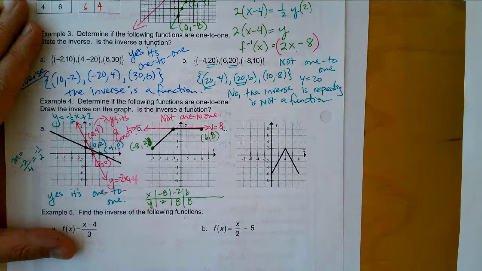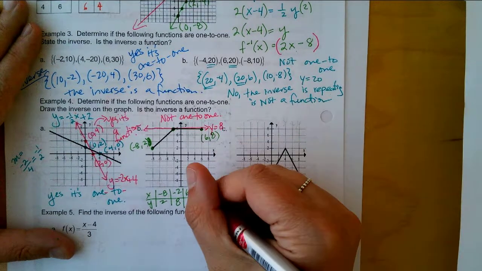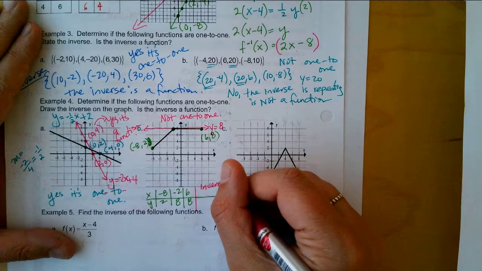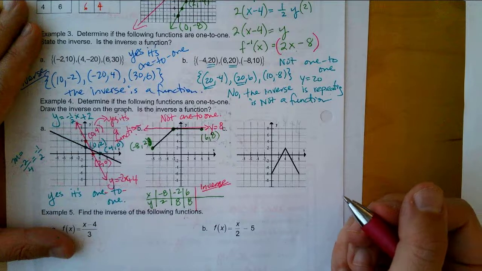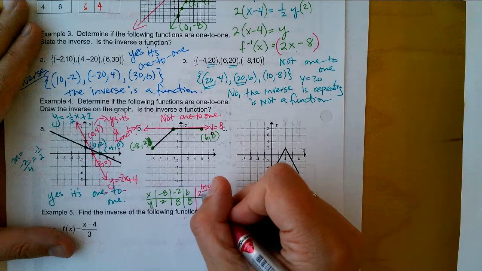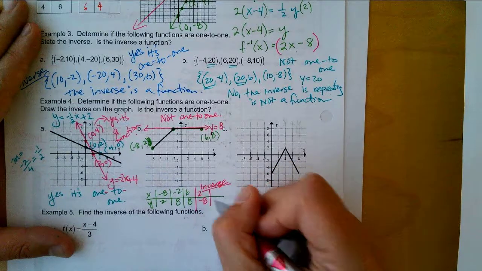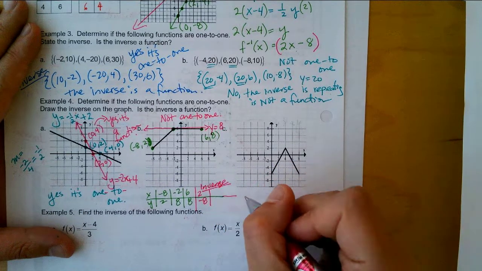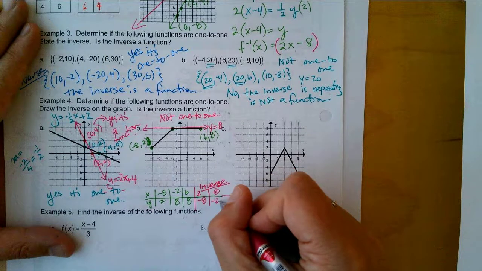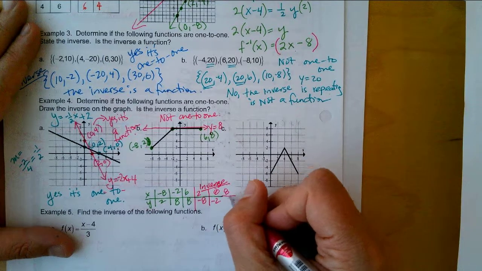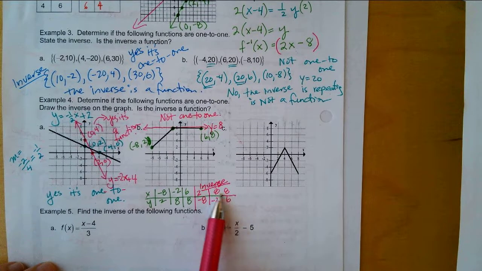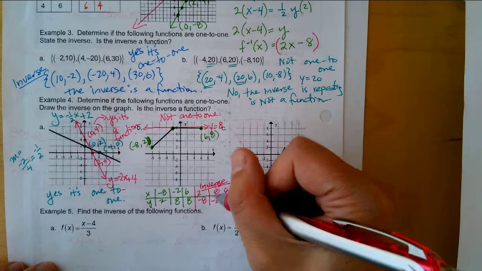Now if I want the inverse of that, so I'll do the inverse over here. The inverse just swaps the x and y values. So what are my new points? 2, -8. What else? Good. 8, -2, and 8, 6. Can you see that now the x value, x equals 8, is repeating?